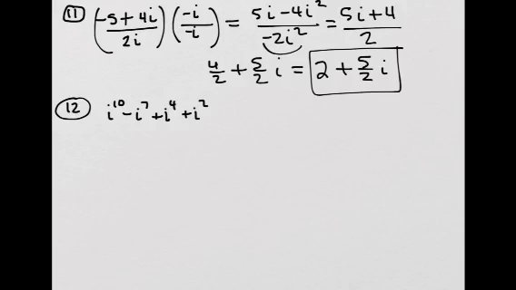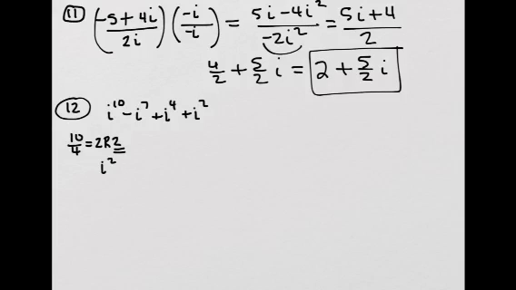So remember, when you're simplifying powers of i, you are dividing the exponent by 4 and just looking at the remainder. So for the first one, this is 2 remainder 2. So I'm looking at the remainder 2, so then this would be i squared.